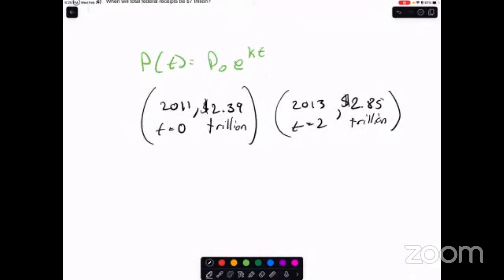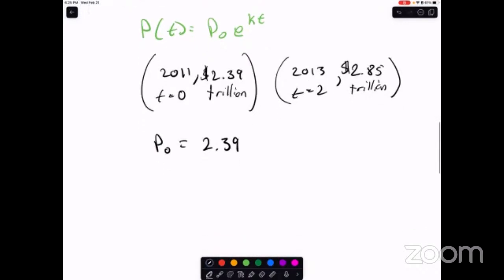If we let 2011 be year 0, then that's our initial population. So from the first piece of information, P naught equals 2.39, right? Then if we couple it with the second piece of information, the only thing we don't know is the rate. We're trying to solve for the growth rate.